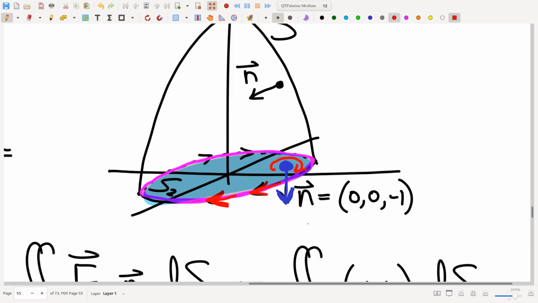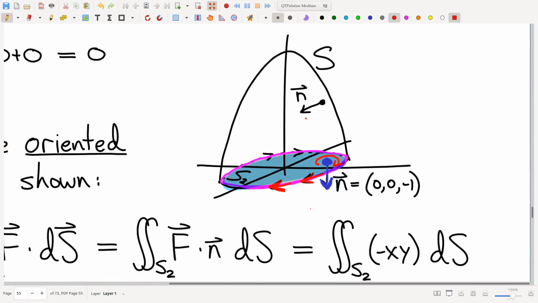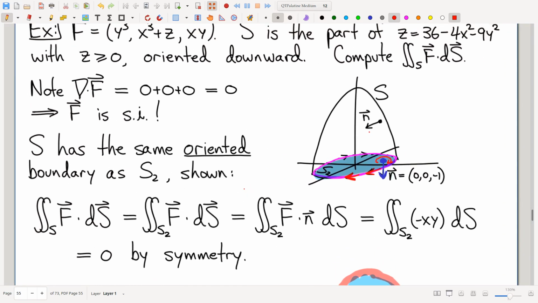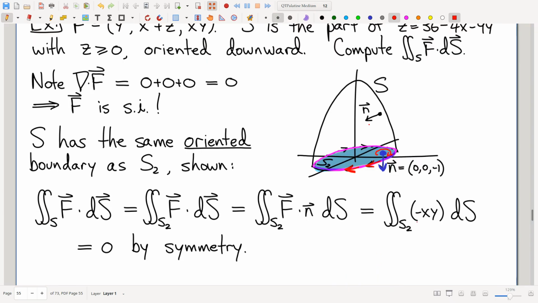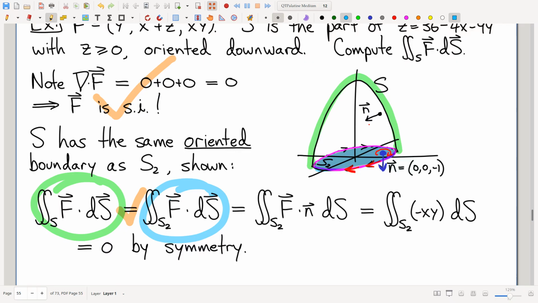Let me get back to here we go. We were going to compute the green flux. That was the question. Surface independence tells us I can instead compute that blue flux.